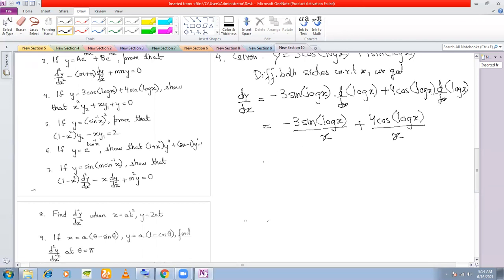Right? Now if you take the LCM, you get (4 cos log x minus 3 sine log x) whole divided by x. So we are getting dy/dx is equal to all this.